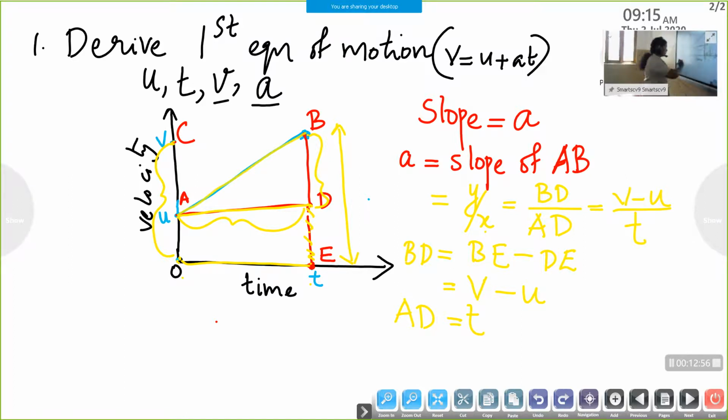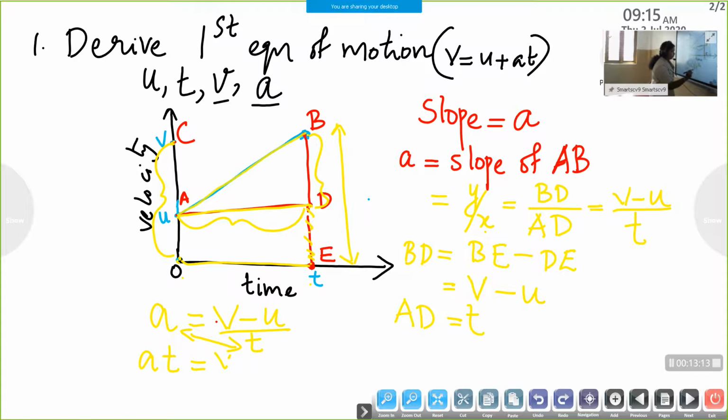Okay, so what we got? Acceleration is equal to V minus U divided by T, and I am going to cross multiply this. Then A and T come together.